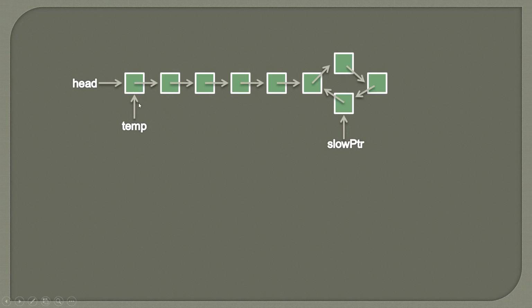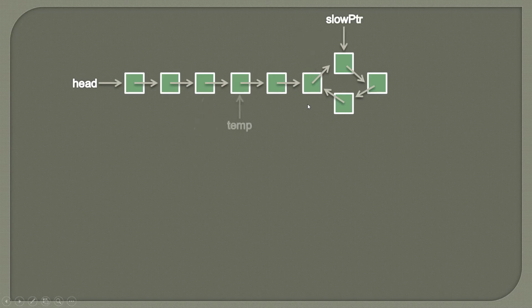What this algorithm tells us is that if we move both pointers 1 step at a time, when temp reaches the start of the loop, the slow pointer also reaches that particular node. In code, the node where they meet is our starting point of the loop. So let's see how. We move temp by 1 step, slow pointer by 1 step. We again move temp by 1 step, slow pointer by 1 step.